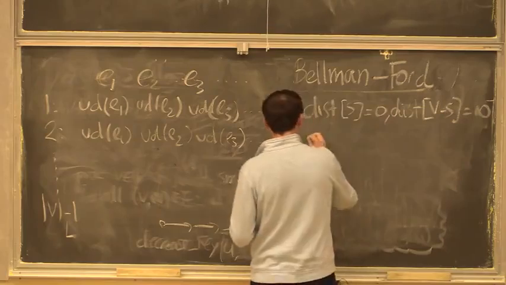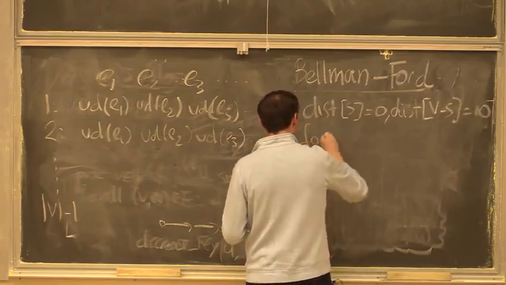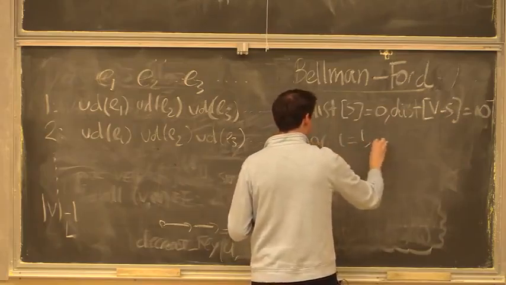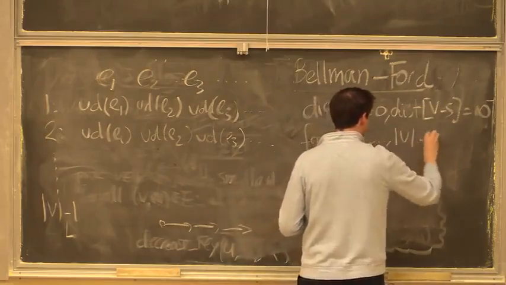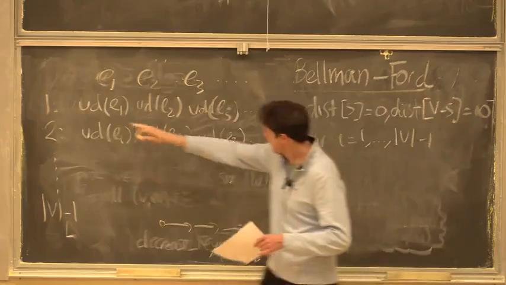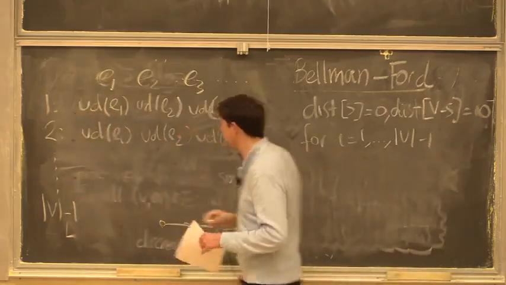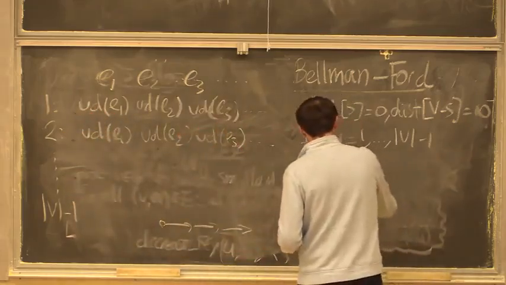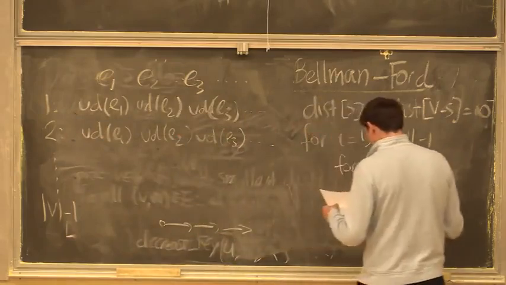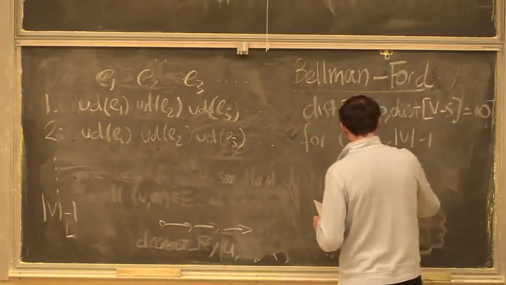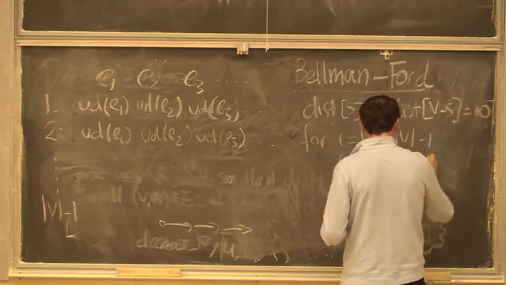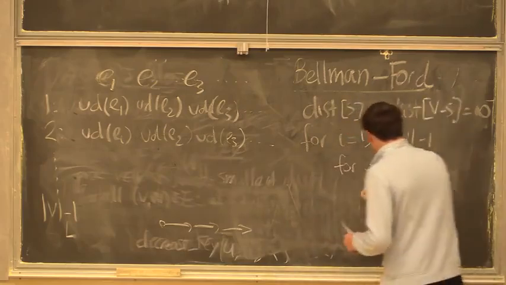And then we're just going to have 2 for loops. First, for i going from 1 to V minus 1. So this is the number of outer repetitions. And then, for each of those times, we consider for all edges in the edge set, we're going to update.